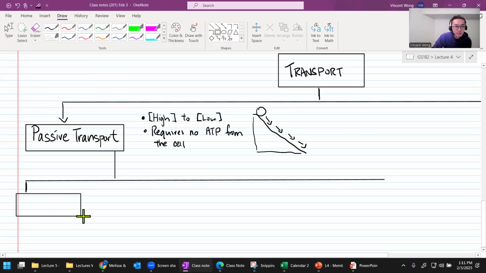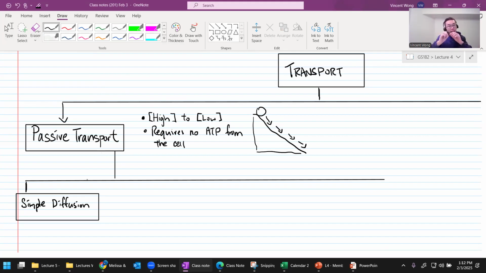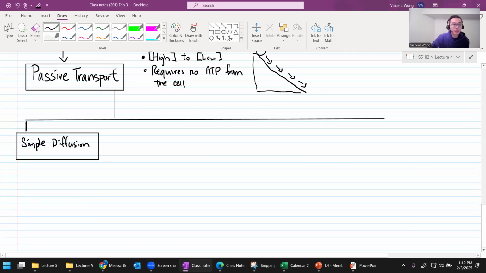We have simple diffusion. Remember last class I showed you diffusion with the flask, and you drop some blue dye into the flask, and it automatically spreads out, right? That's an example of simple diffusion.